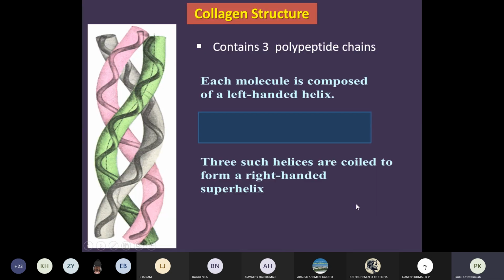And coming to its structure, as I already said, it has three polypeptide chains. It is a triple helix. Each polypeptide chain is a left-handed helix, and three left-handed helices are coiled in a right-handed fashion and form a super helix.